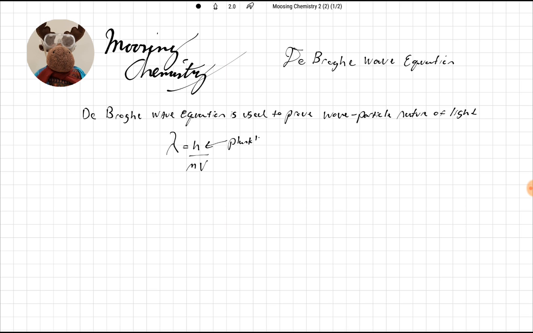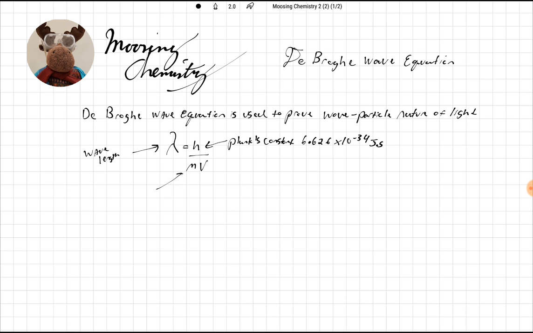We remember from our last video that Planck's constant is 6.626 times 10 to the negative 34 joules per second. We know this lambda here means wavelength. Pretty cool so far, not an issue.